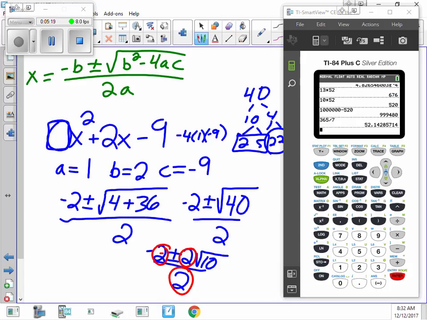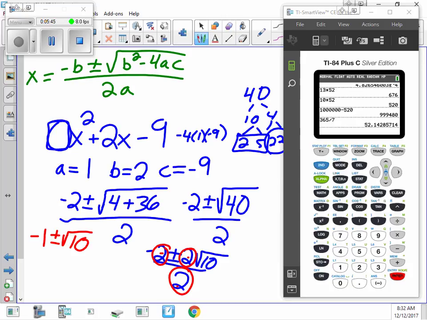But do those three numbers have anything in common? 2, so I divide all of them by 2, and I'm left with negative 1 plus or minus the square root of 10. This quadratic hits the x-axis at some numbers that aren't very nice.